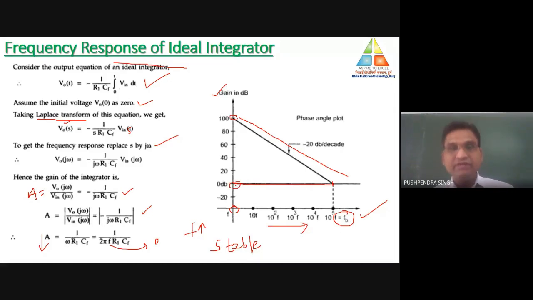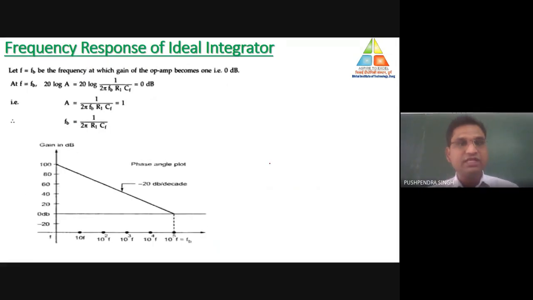So what will be the value of that frequency? This is the calculation for fb. At f equal to fb, it crosses the 0 dB line. So 20 log to the base 10, because it's in dB, that's why we are converting it into dB form. 20 log A is equal to 20 log of 1 by 2 pi fb R1 Cf.